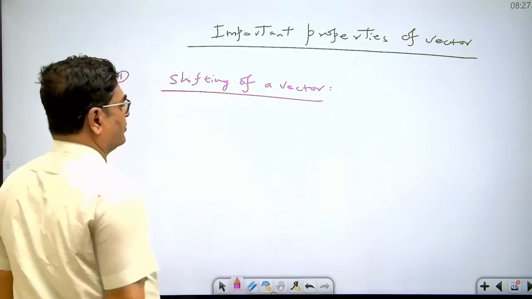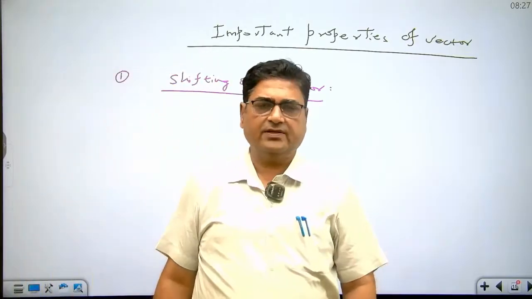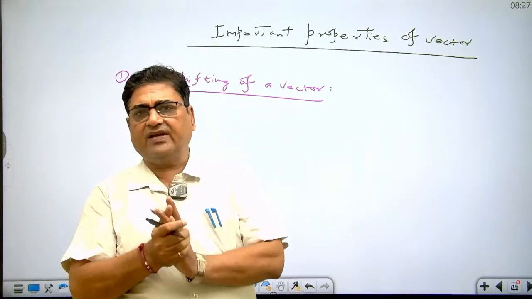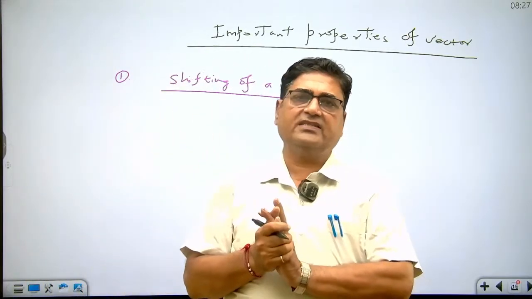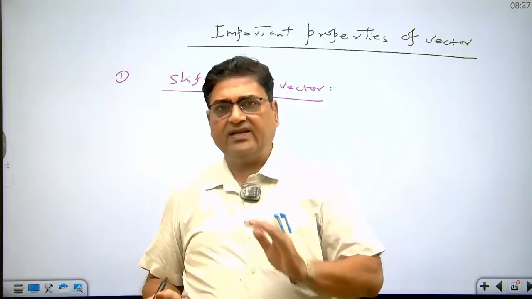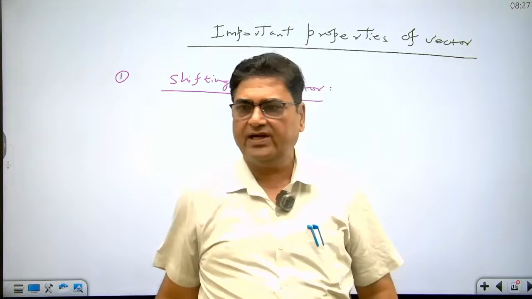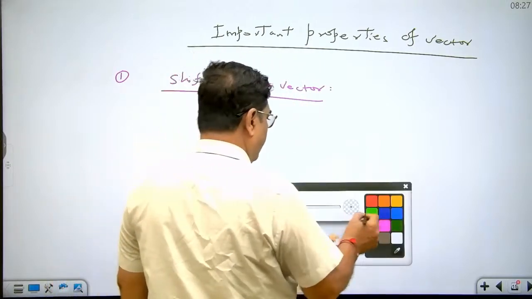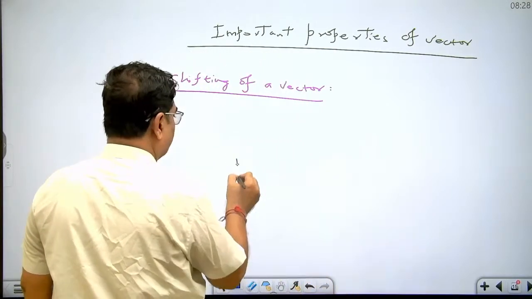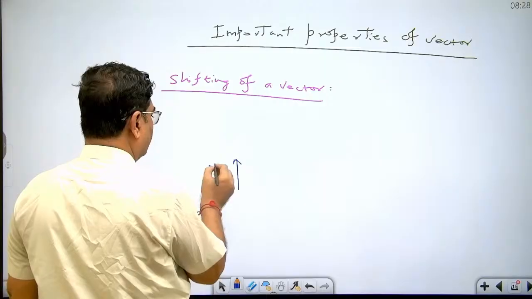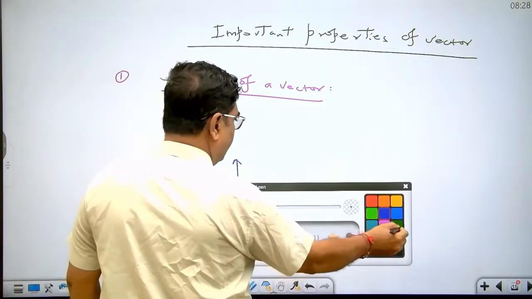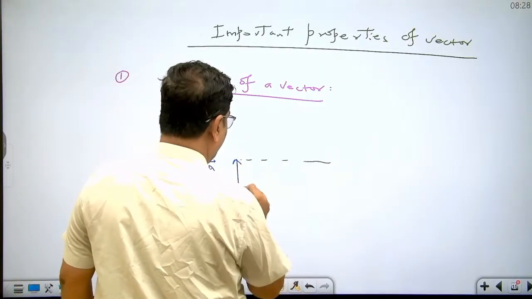Every vector has two things, one is magnitude, another is direction. When a vector is shifted parallel to itself without changing its magnitude, then the vector does not get changed. This is how we can shift a vector from one place to another. Suppose this is vector A. We can shift it parallel like this.